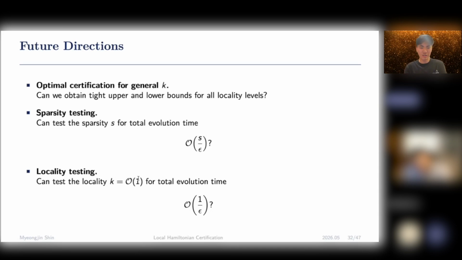And to use our algorithms, we need the exact locality. So testing the locality is quite important, but the best known locality testing algorithm is 1/epsilon to the 2.5, maybe. It's not that efficient, but many people believe that we can do it in 1/epsilon, but there's no known algorithm. So I'm kind of researching it, but I'm kind of busy, and I hope other people can do it. So those are the future directions.